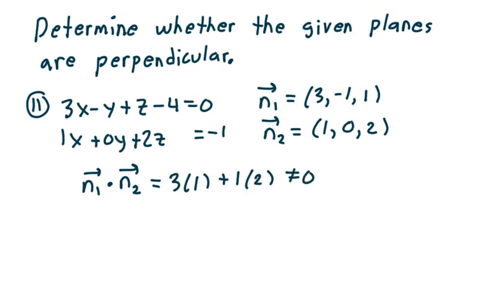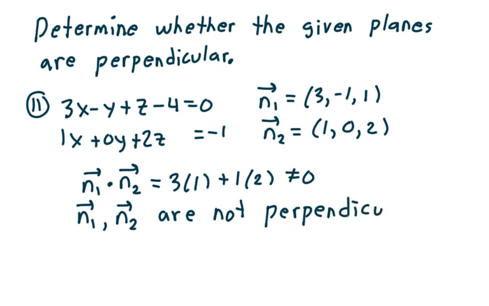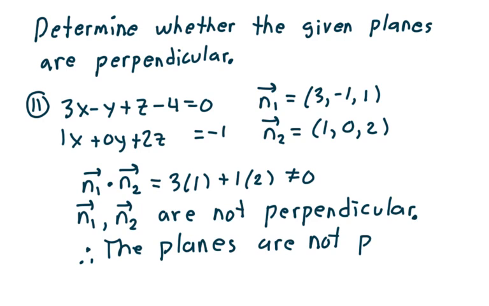That's not 0. So n1 and n2 are not perpendicular. They can't be. And so therefore, the planes are not perpendicular as well. And that's how we do 11.